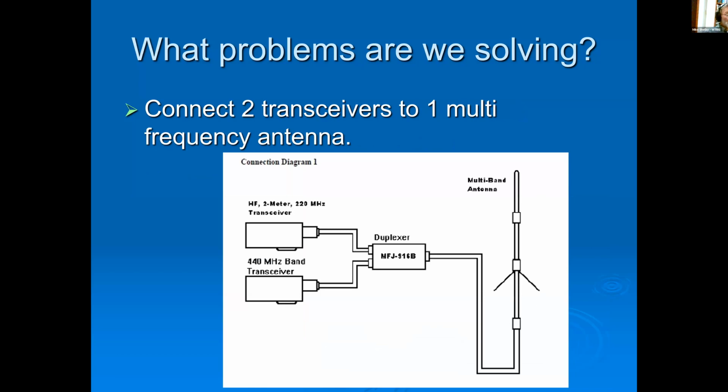So now what I want to do is connect up to an antenna, and I just happen to have a really nice GP6 or GP9 ground plane antenna, which will handle, that one antenna will handle both the 2 meters and the 440. So again, I can take a duplexer, I can take one transceiver, connect up with one port, and another transceiver for the 440 and connect up to the bottom port there.